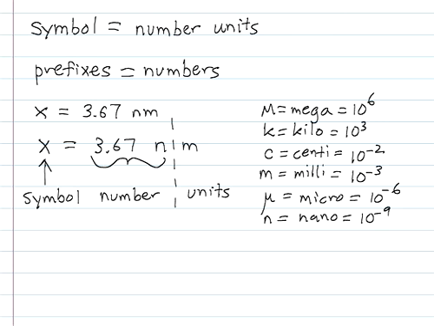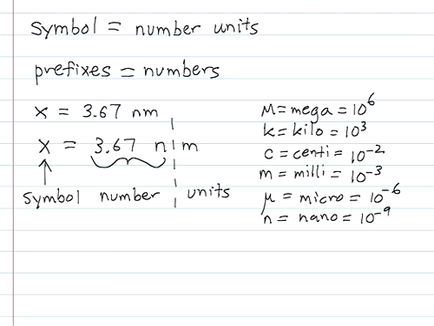There's pico, which is 10 to the minus 12th, and femto, which is 10 to the minus 15th, and atto, which is 10 to the minus 18th, and they go on and on. But these are pretty much the most commonly used ones. So nano is a prefix corresponding to a very small number, 1 divided by a billion. And so when you use this prefix, you're talking about a very small number.